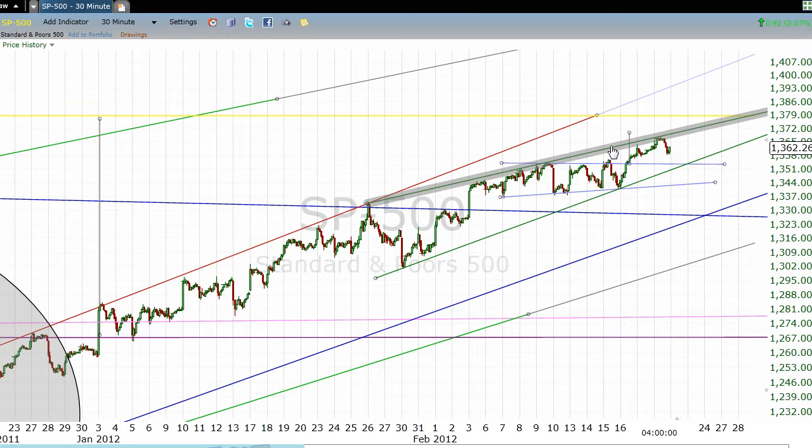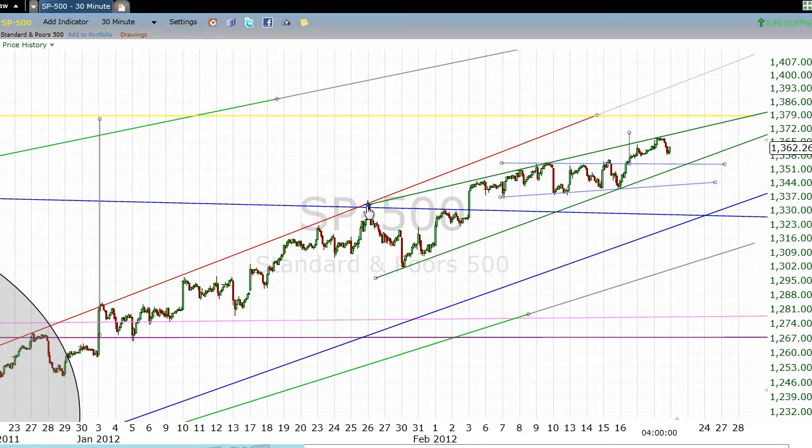It's not totally new, but we started looking at it a few days ago after we had made this top, and these tops, especially late in the week of the first of February. So now look, that is exactly where the market found resistance today.